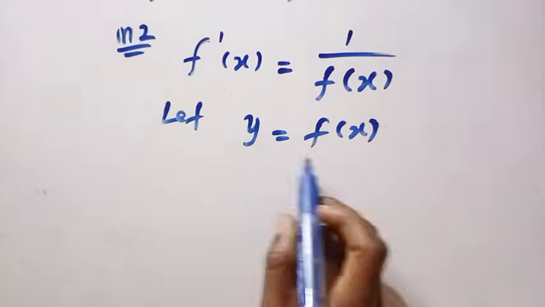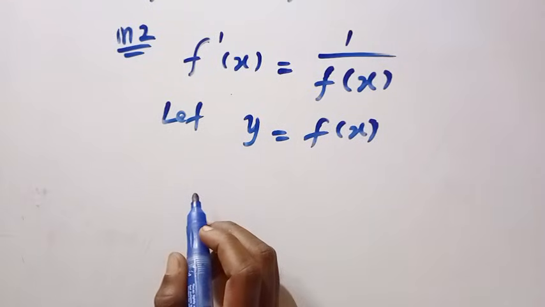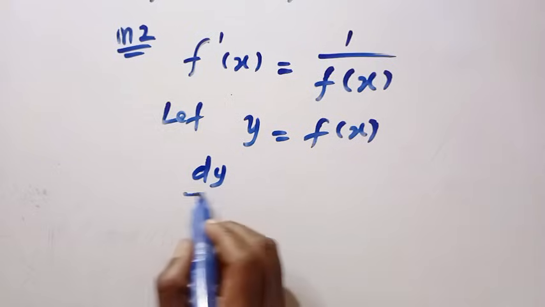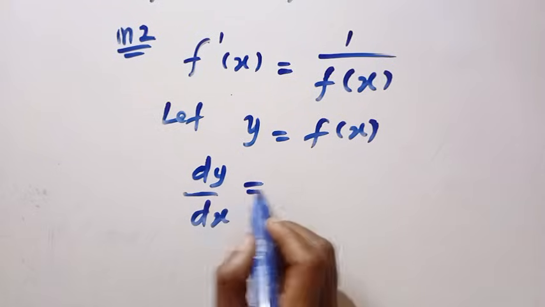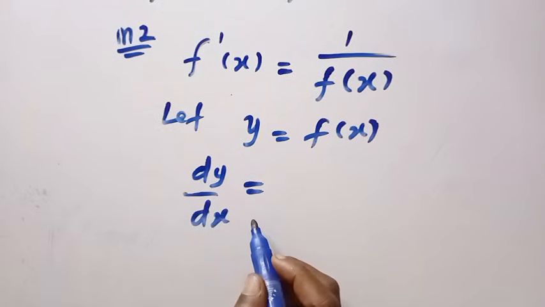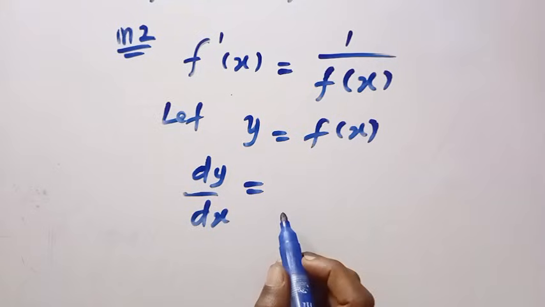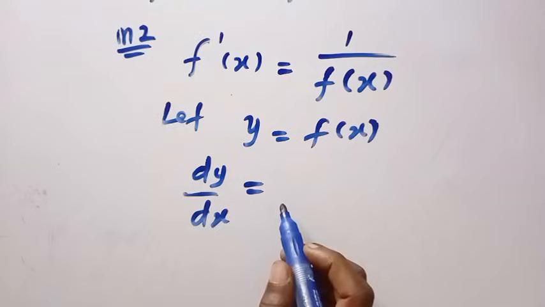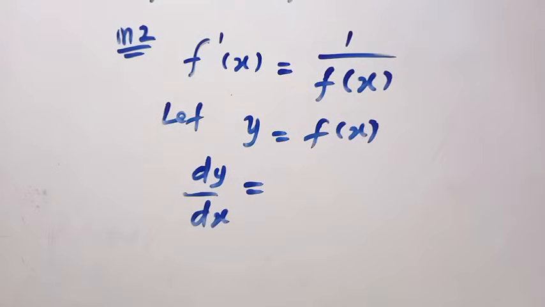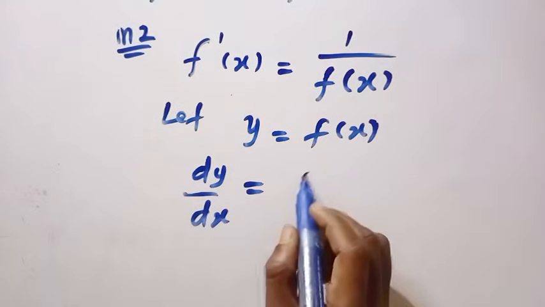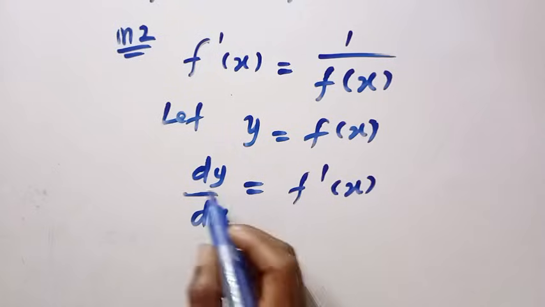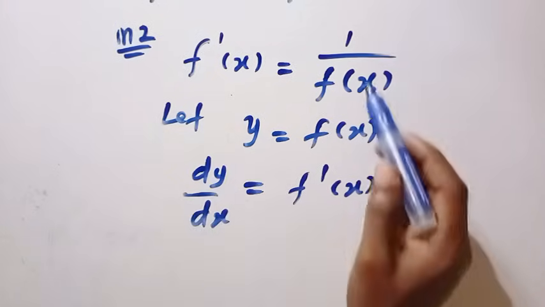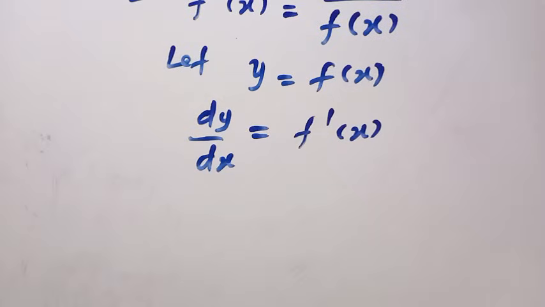So if I find dy dx, what we have here is dy divided by dx equals, differentiating this as well, f prime of x, that is still dy dx actually, but f prime of x here is given as 1 divided by f of x.